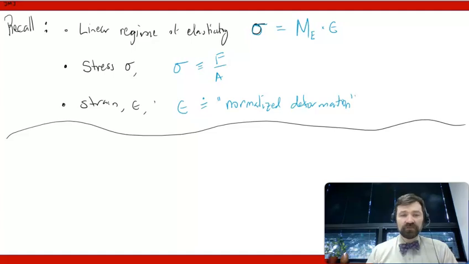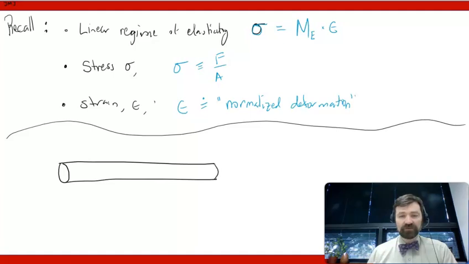In today's video, what we're looking at is the case where you have an object which has some sort of a length and some sort of a cross-section area that may be given in this way.